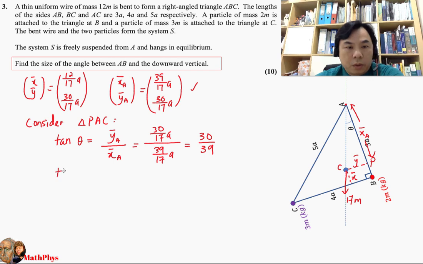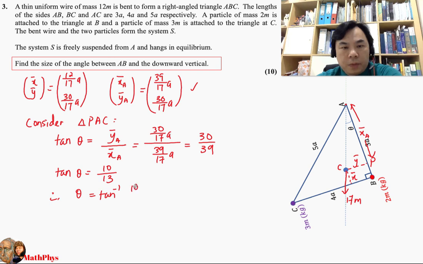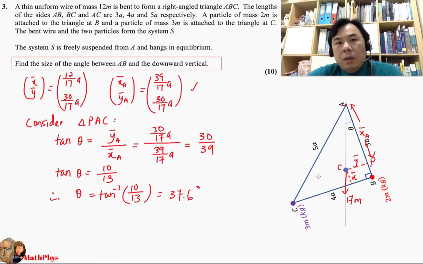And then of course you can simplify that to 10 over 13, and therefore we can conclude that by using the inverse tangent of 10 over 13, that will yield 37.6 degrees, exactly the same angle that we obtained using our previous configuration.